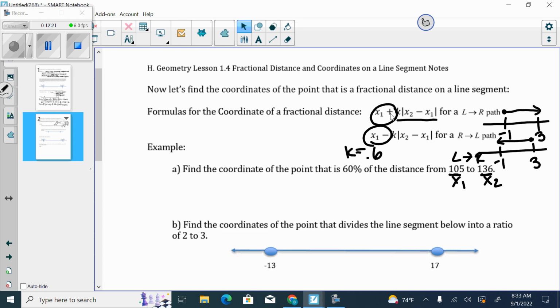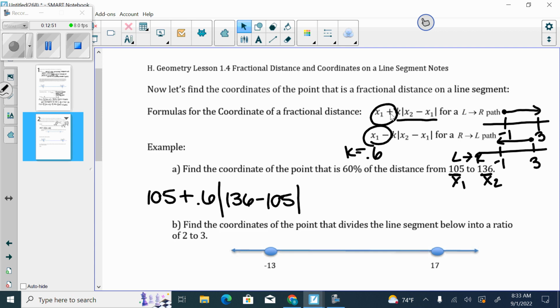All right, so left to right means we're going to use that top formula. That top formula says x1, which for us is 105, plus k, which for us, we said k was 0.6, times the absolute value of x2 minus x1. So 136 minus 105.